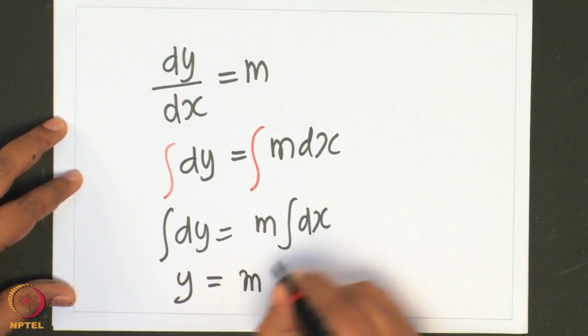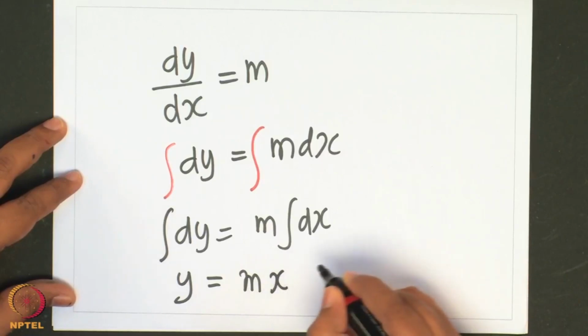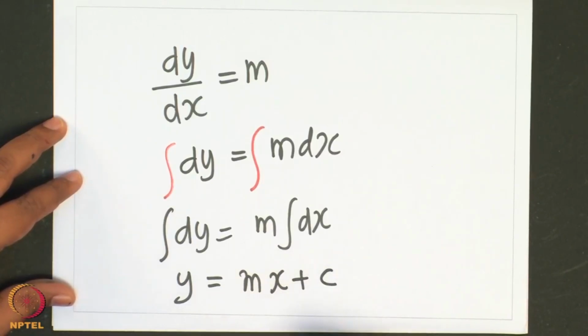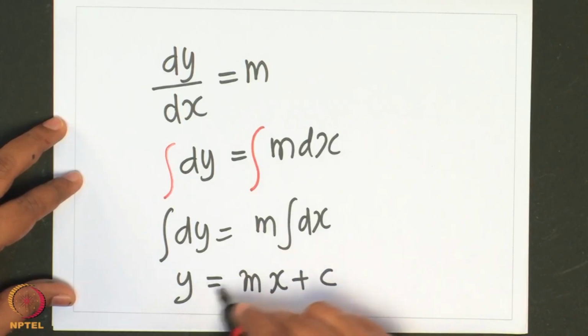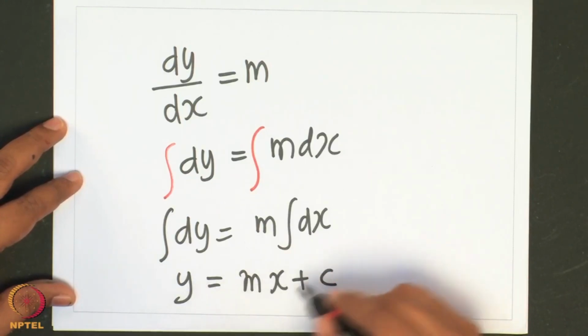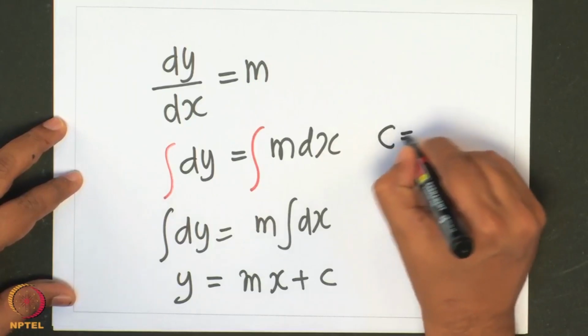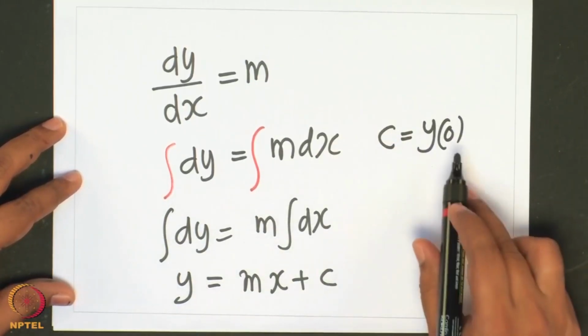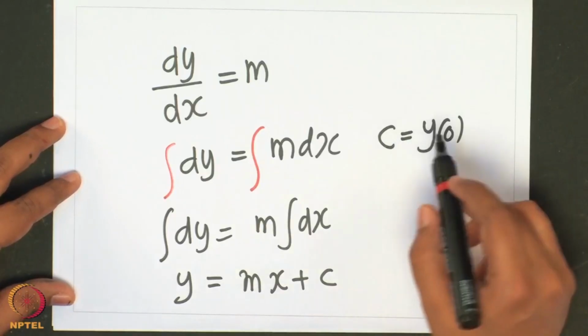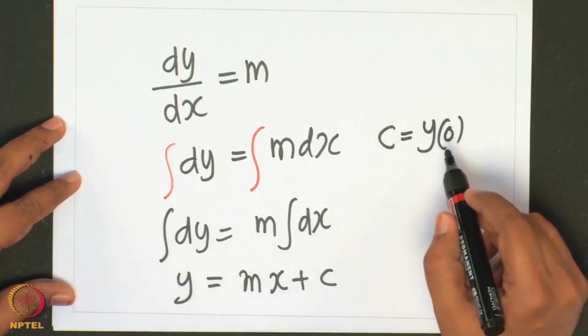and the integral of dx is x, and I have to have an extra constant, and this constant will turn out to be y at x equal to 0. In this particular case, c will turn out to be y at x equal to 0. If x is time, it will be the initial time, initial position.